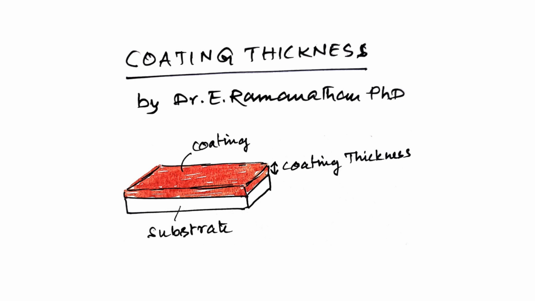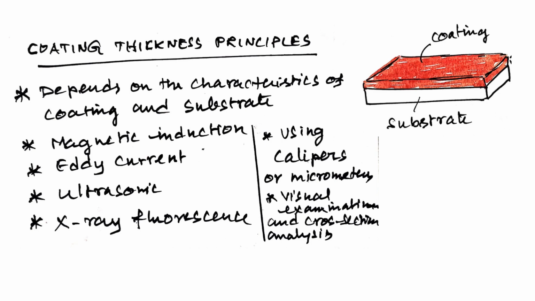Let us now discuss coating thickness. The coating thickness principles depend on the characteristics of the coating and the substrate, and on the different natures of the coating as well as the substrate. So we have different techniques of measuring coating thickness.